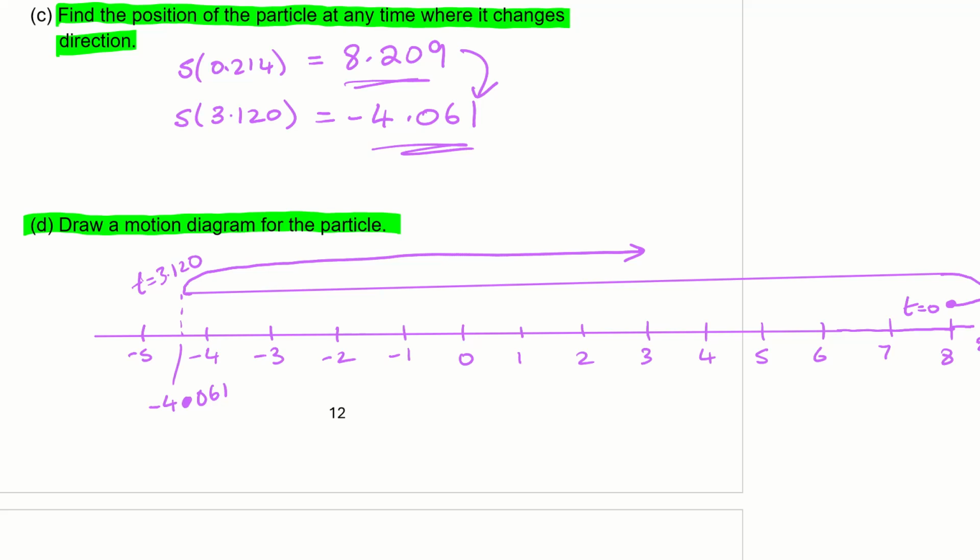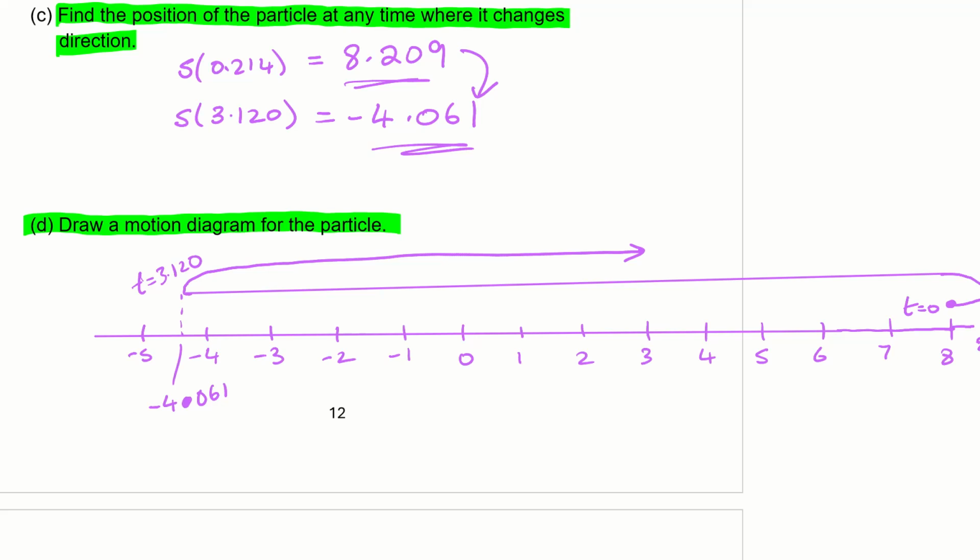We then need the S of 10 figure. And that is 528. So it's therefore gone from negative 4.061 up to 528, which is 532.061.